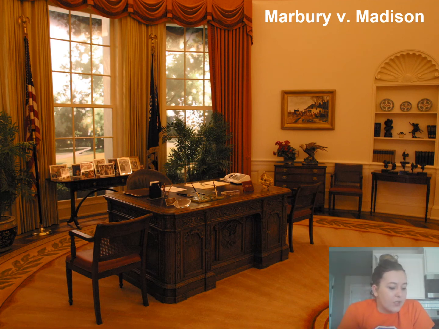And so at the time, under Adams, John Marshall is the Secretary of State. It is his job to essentially extend the offering, like provide the job offer letter. And so Marbury is one of these people that is appointed in the last days of Adams' presidency. Now, Jefferson then comes into the Oval Office and he's of a different party, right?